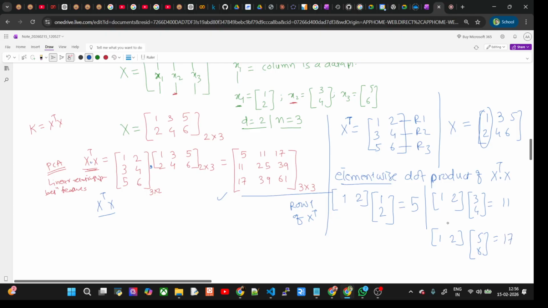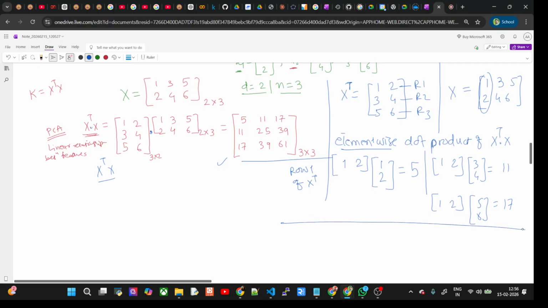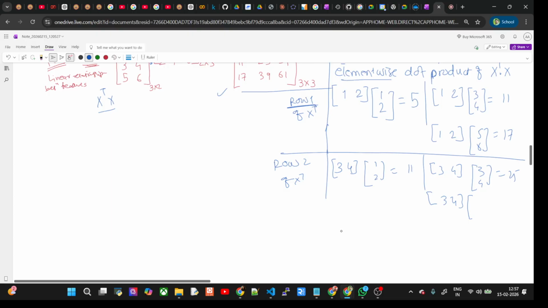Similarly, for row 2 of X transpose, what will happen? 3 4 multiplied with 1 2 is 11. 3 4 multiplied with the next 3 4 is nothing but 25, and then 3 4 multiplied with 5 6 gives 39.